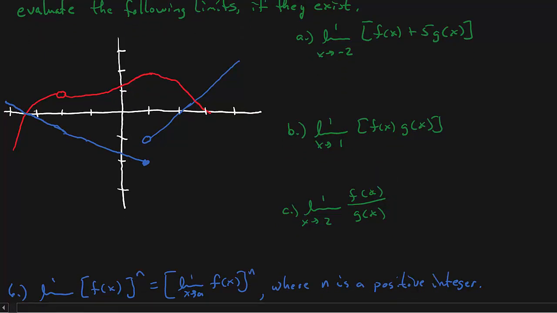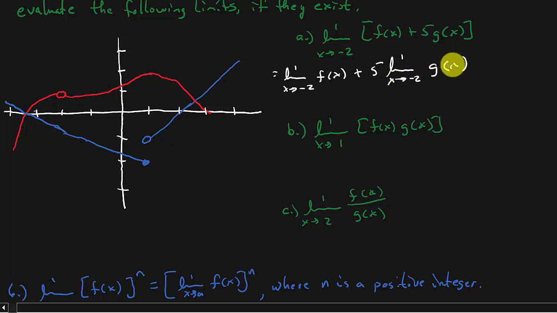Alright, so let's use those properties up here, and this says that we can write this as the limit as x goes to -2 of f of x plus 5 times the limit as x goes to -2 of g of x. All I did is just split them up, and then remember this constant here, I can bring it outside the limit.